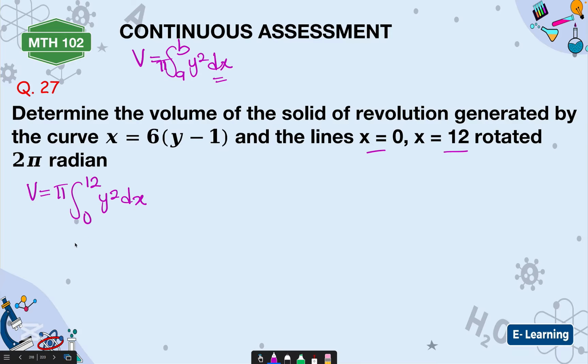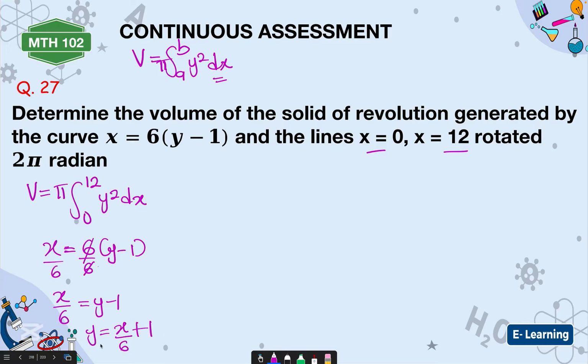To make y subject of the formula, x is equal to 6 bracket y minus 1. So divide both sides by 6. And then x over 6 is y minus 1. So that your y will be x over 6 plus 1.